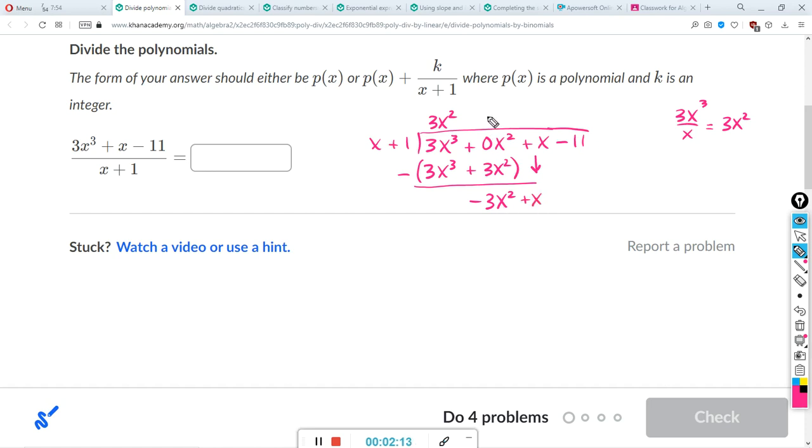Okay. What times x is negative 3x squared? Well, again, you're just dividing by x. And that's going to be a negative 3x. Okay. Negative 3x times x. Negative 3x times 1.